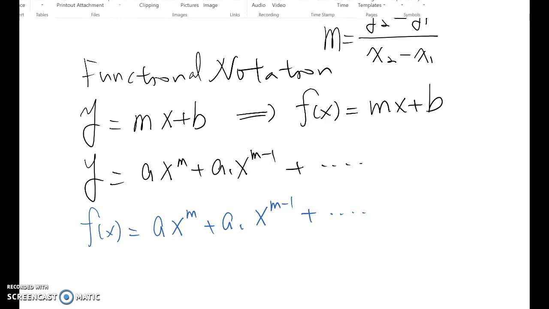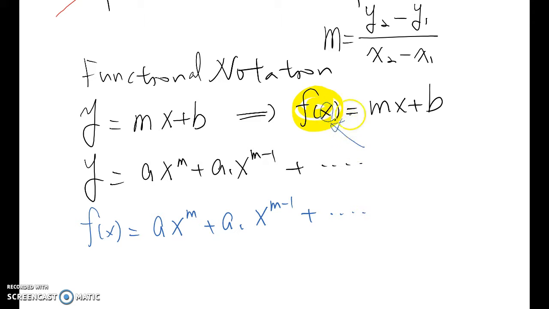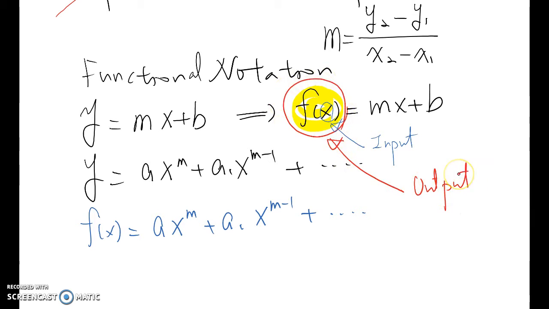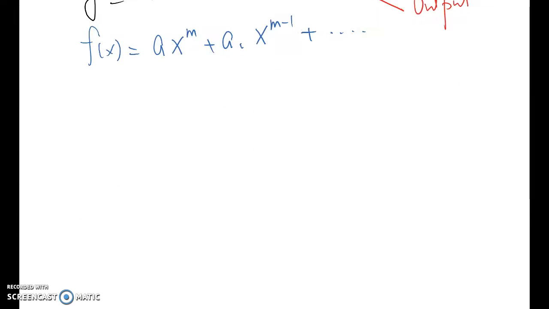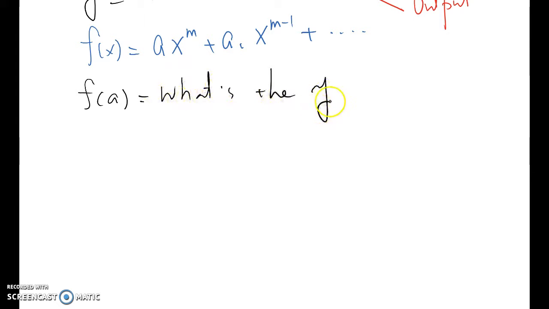When you look at this formula carefully, this is our input value, and this whole thing indicates the output value here. Therefore, f(a) means what is the y at x equal to a. That's what this means basically.